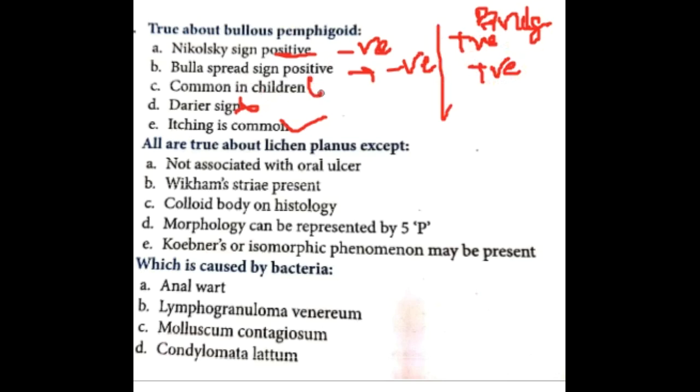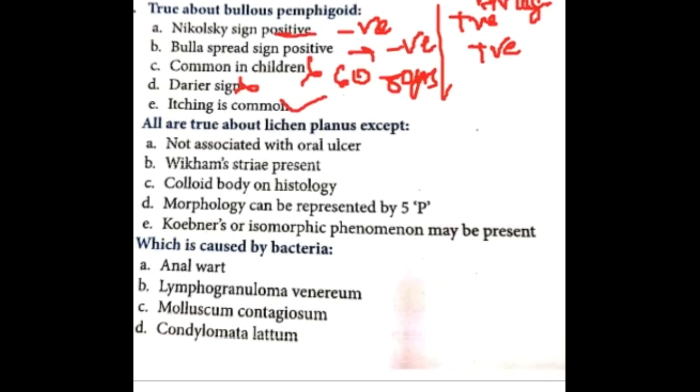It is not common in children; it is seen in the age group between 60 to 80 years. Darier's sign is seen in systemic mastocytosis or urticaria pigmentosa. Next question.